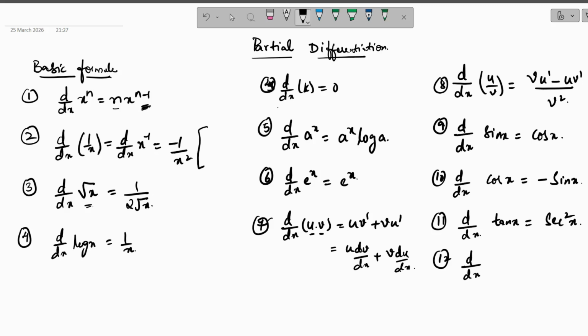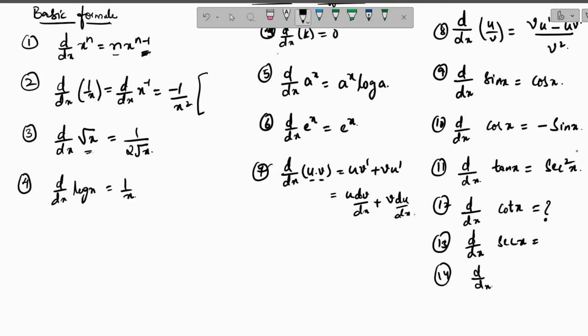Differentiation of cot x is equals to, what is the differentiation of cot x? You can answer this. So differentiation of cot x is minus cosecant square.